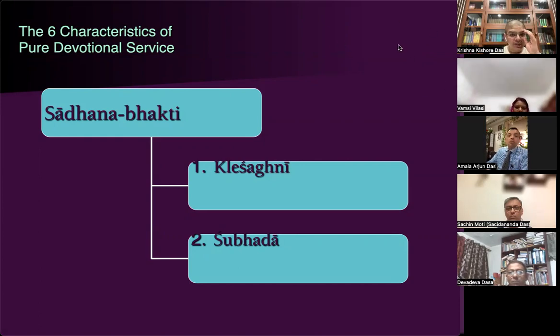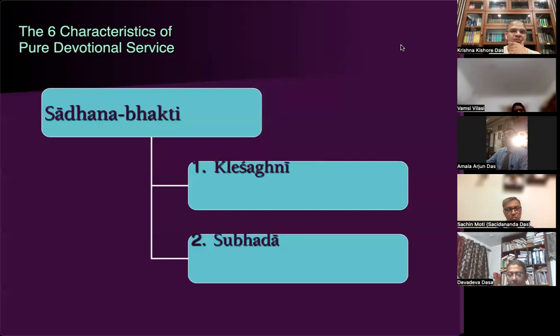So this sadhan bhakti is the practice of devotional service in the beginning stage, where the devotee just follows the instructions of a spiritual master. He may not have direct attachment to Krishna, he may not have natural inclination to practice Krishna consciousness, but he follows the instructions of a spiritual master.